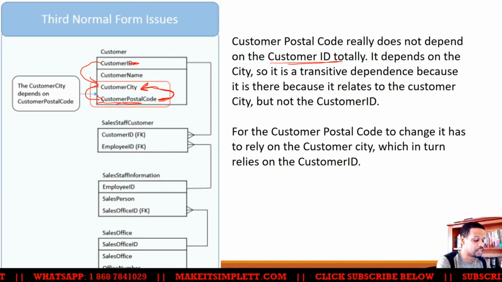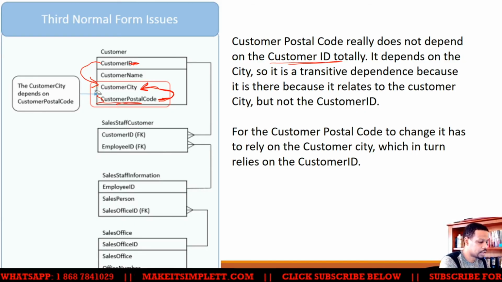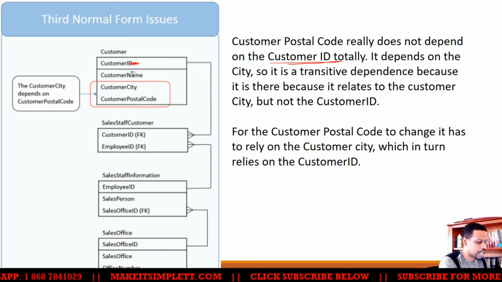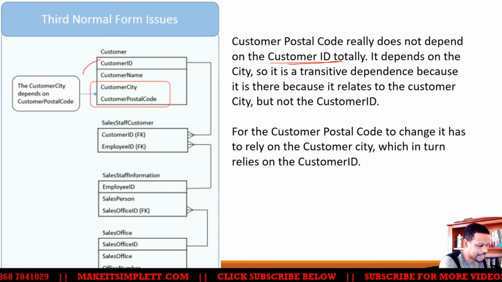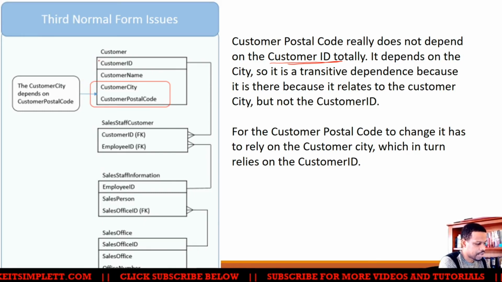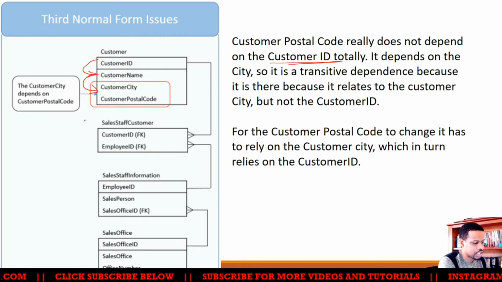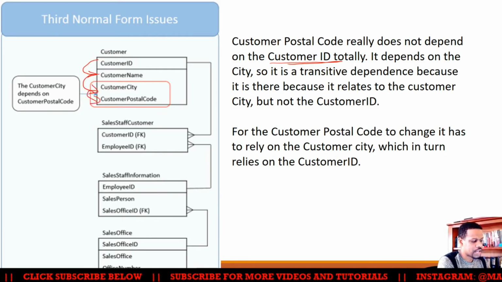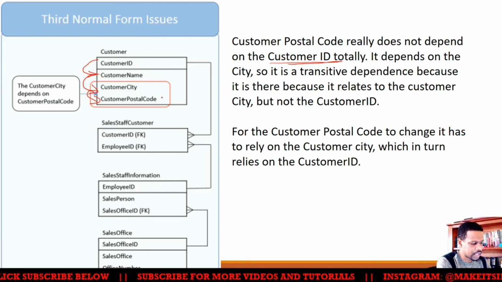Transitive dependence means that the primary key will change one thing, and when the primary key changes that one thing, then these other things will change, and then that will change. Transitive dependence means that you want to get this postal code to depend on the city alone.